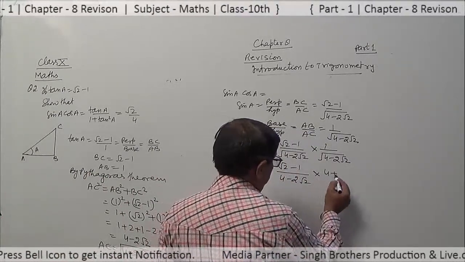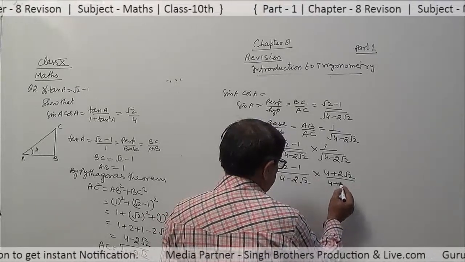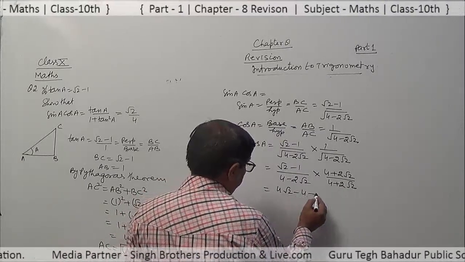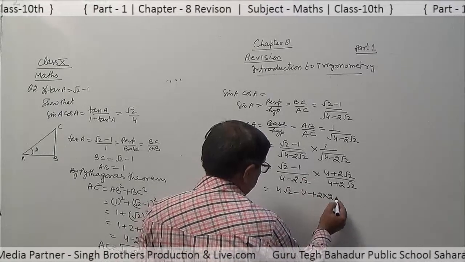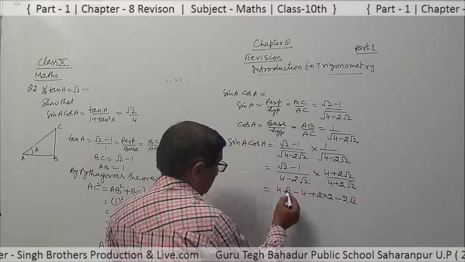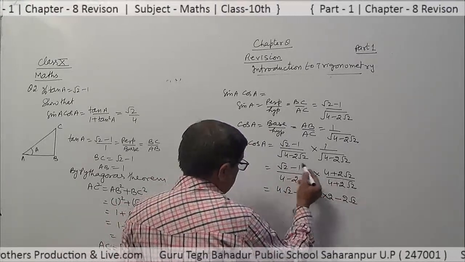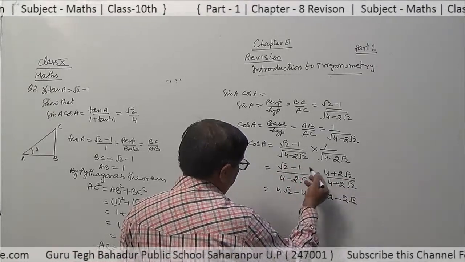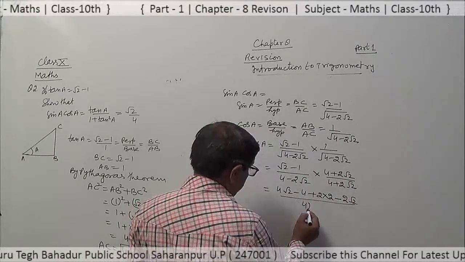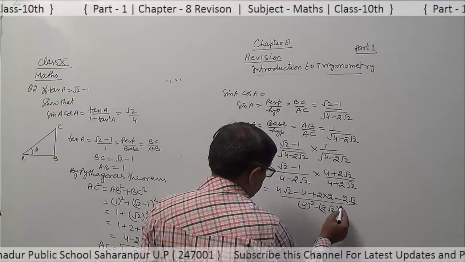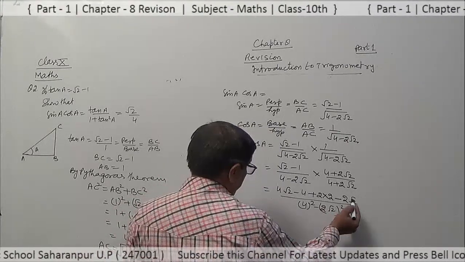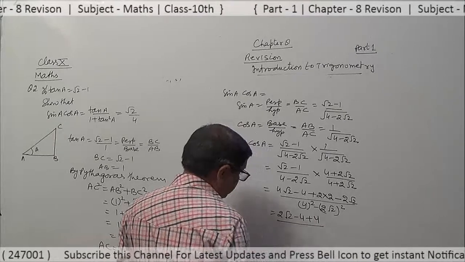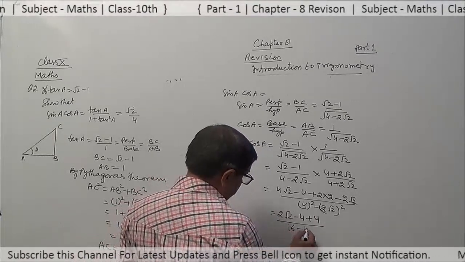Multiply with its conjugate. 4 root 2 minus 4, 2 into 2 minus 4 root 2, 4 into 1, 2 root 2 into root 2 is 2, and 2 root 2 into 1 is this. (a minus b)(a plus b), a square minus b square. 4 root 2 minus 2 root 2, that is 2 root 2 minus 4 plus 4 upon 16 minus 4 into 2.